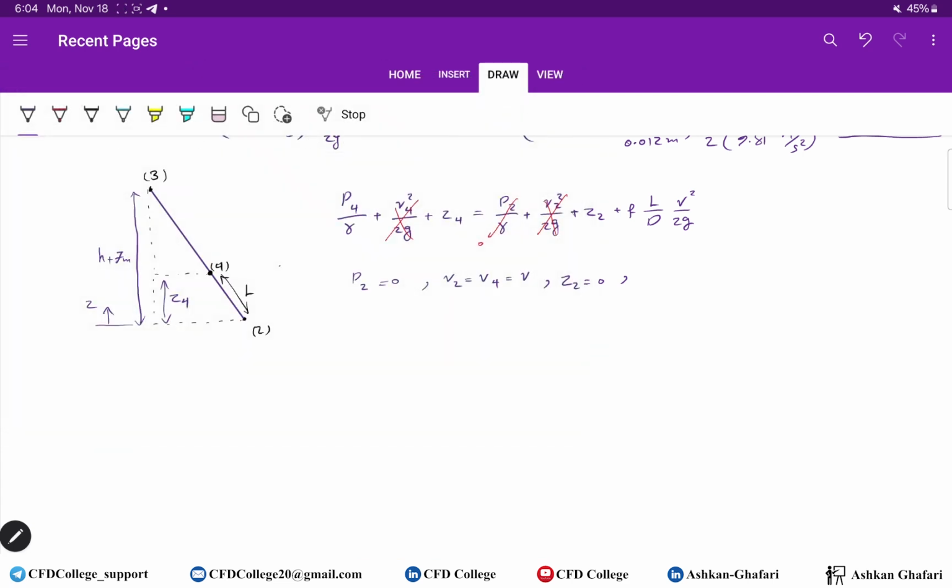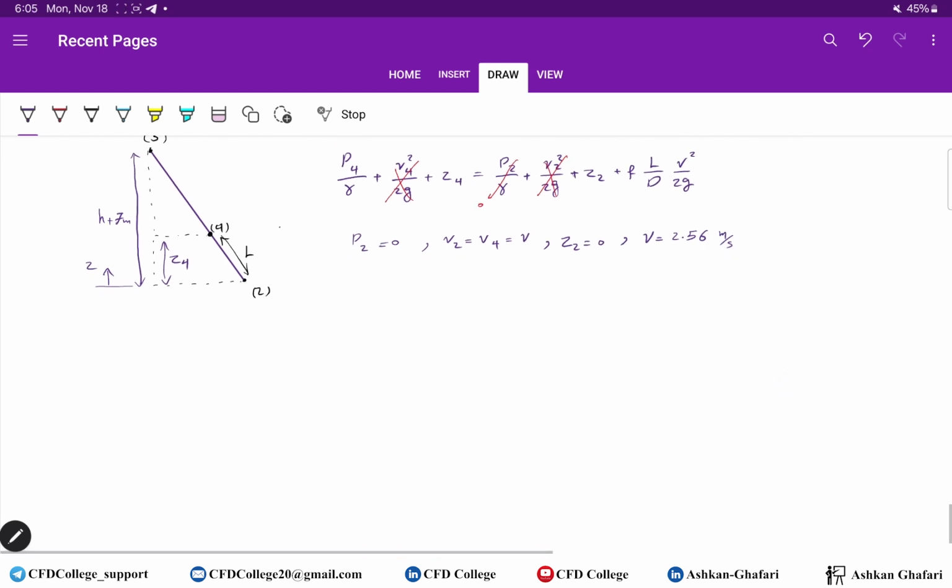And what else? V is 2.56 meters per second. That's it, I think. But we should find Z4 based on L.